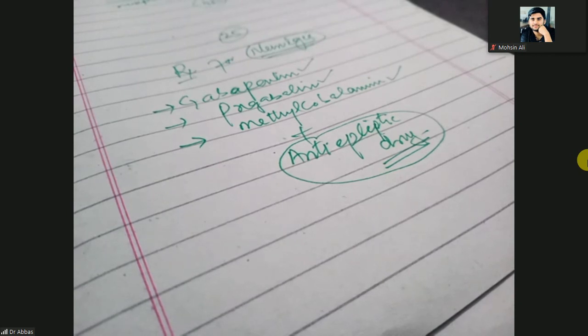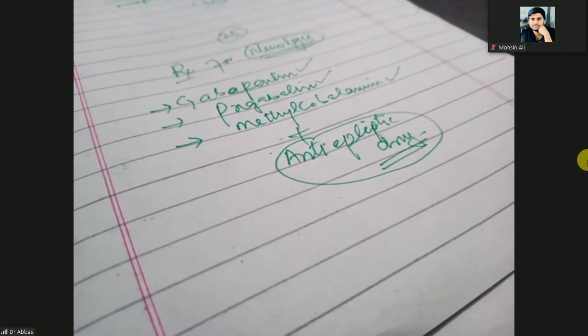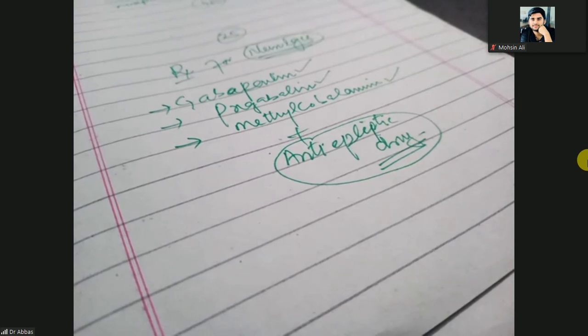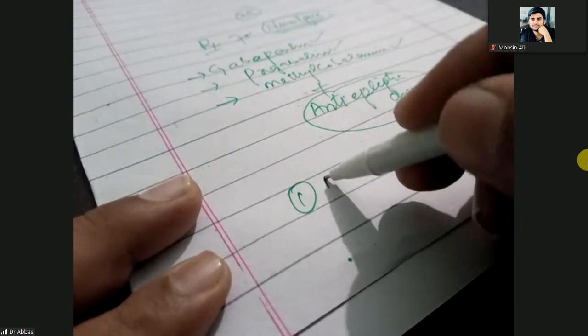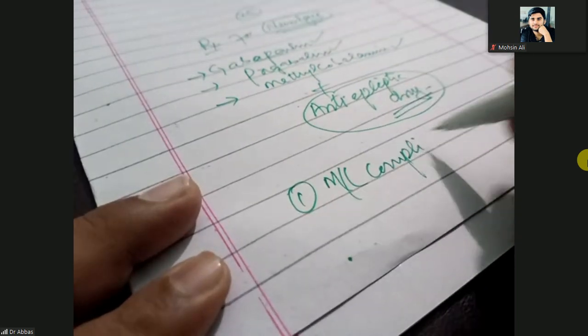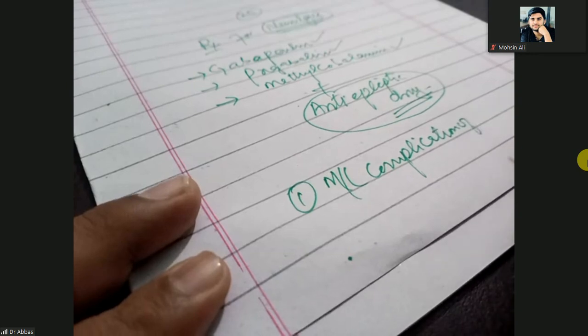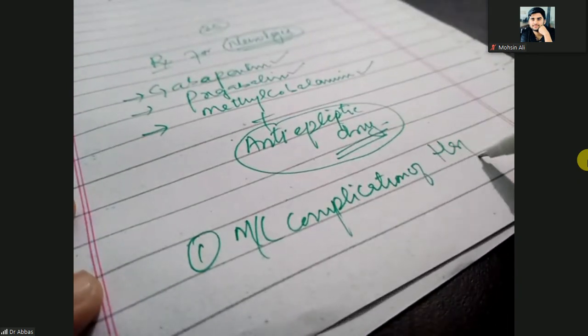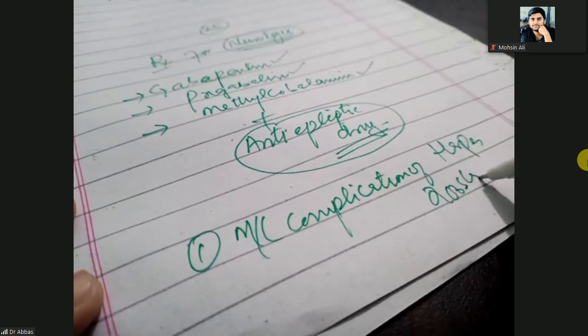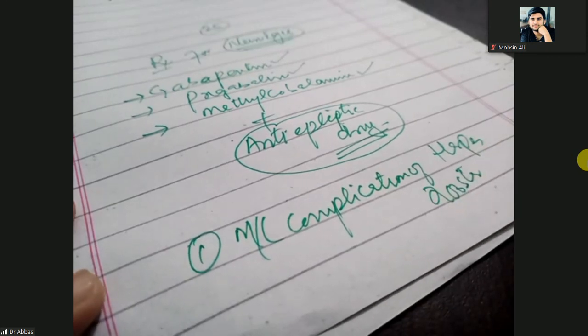So questions can be asked. First, they can ask you, what is the most common complication of herpes zoster? That is post-herpetic neuralgia.